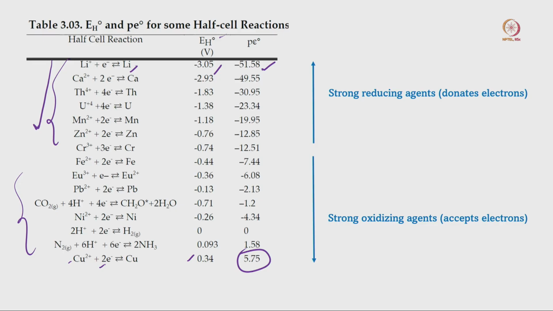So, in a system if there are multiple elements coexisting, this is often going to oxidize this one. This will have the tendency to oxidize the one which is higher in the list.